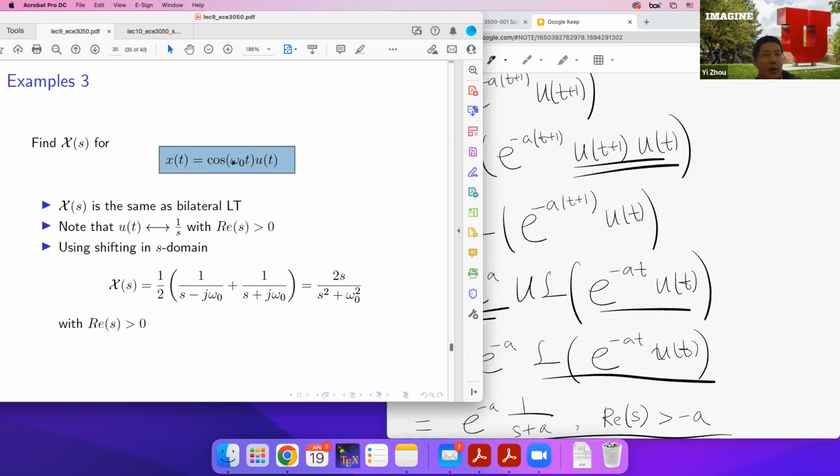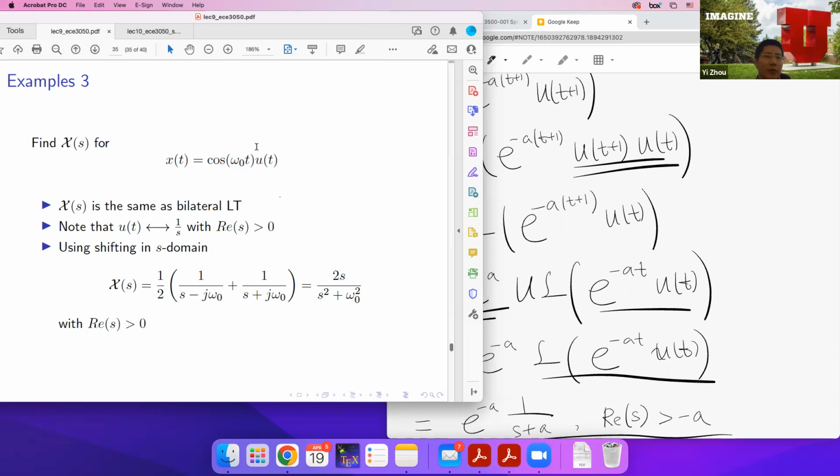And this is the product of two signals, so we can view this as a modulation. It's a u(t) signal modulated by cosine. And then we can try to use the frequency shifting property whenever we see such a modulation multiplied by cosine.